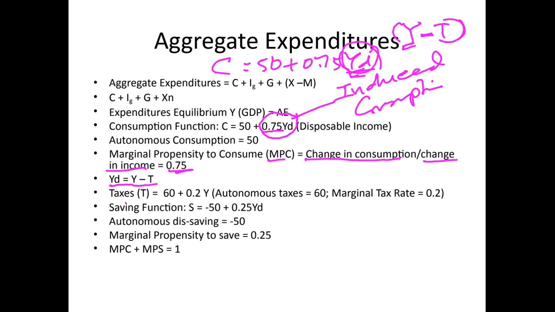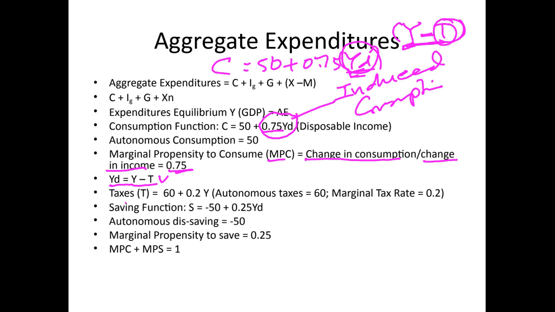That is defined here. So if you see here, we know that YD is equal to Y minus T, which I have already underlined. Now suppose taxes are given as well. And tax is a function, this is called the tax function, very similar to the consumption function. This is 60 plus 0.2Y.